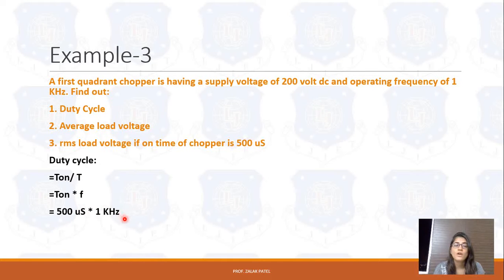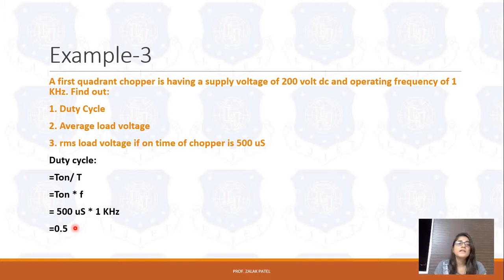If we put all these values into the equation, it becomes 500 into 10 raised to minus 6, into 1 kHz, meaning 1 into 10 raised to 3. So it becomes 0.5, meaning the duty cycle is 50%. So this is our first answer.